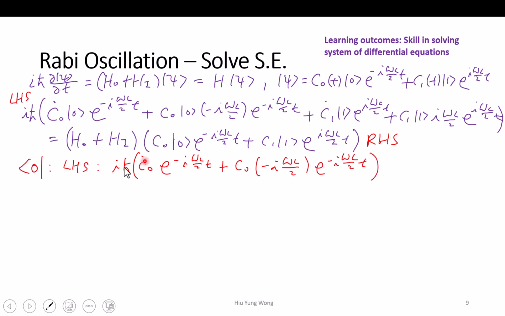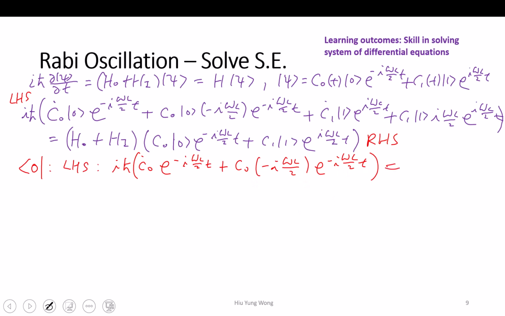Do you see this? That is because when I put this bra on the left, these are constant. These are not vectors, they are scalars. They take out. So 0 inner product 0 is 1. That's why I get C0 and this term. Same here, 0 inner product 0 is 1, that's why I get this term. But when I come to here, 0 inner product 1 is 0 because they're an orthonormal basis, right? So this will be gone. This is what I have left in the left-hand side.